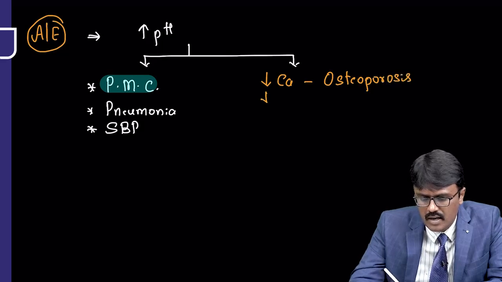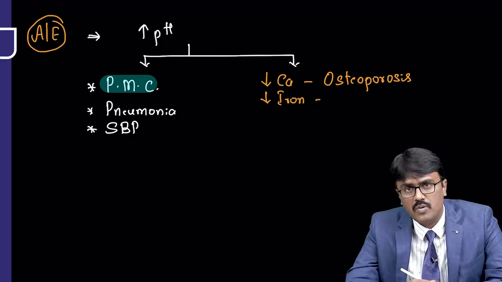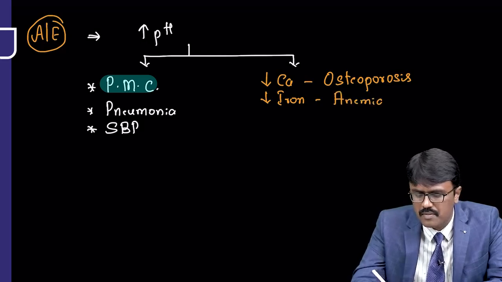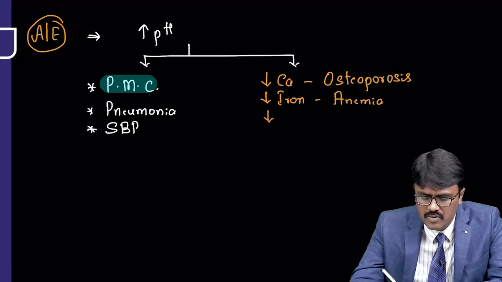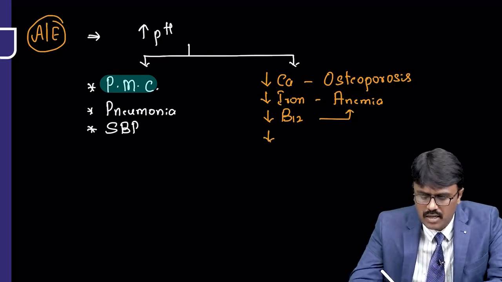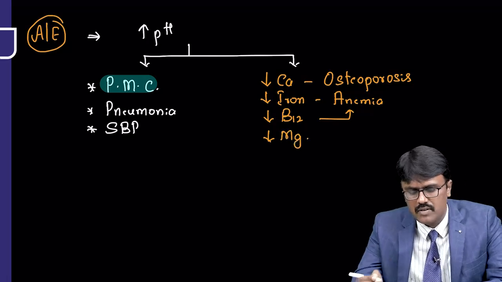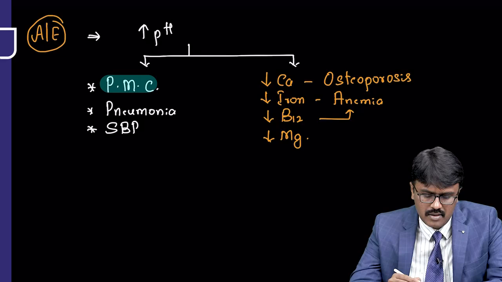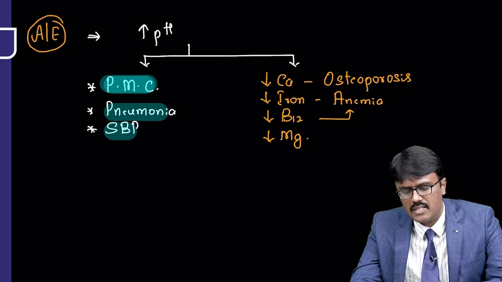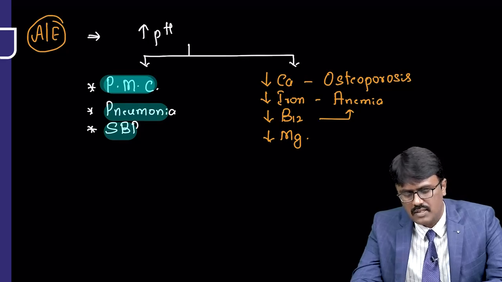There is decrease in iron, I just told you the interaction of iron. So what happens if iron decreases? Patient may go for anemia. It can also decrease the absorption of B12, so that will also lead to anemia. And recently they have found out that it can decrease the magnesium level. So this is the problem when we use PPIs for a very long time. They decrease calcium, causing osteoporosis, they decrease iron and B12, causing anemia, and they can decrease magnesium.